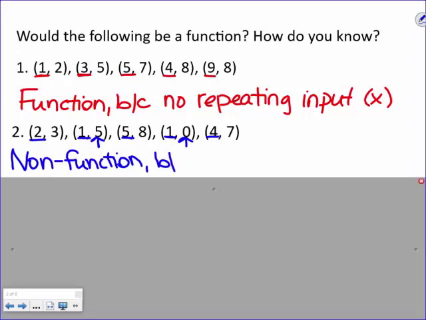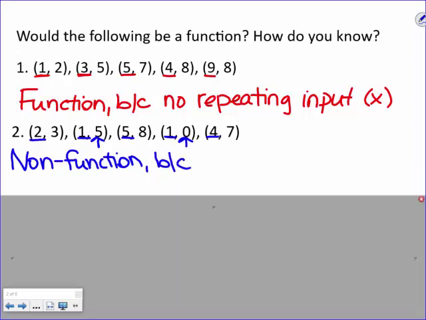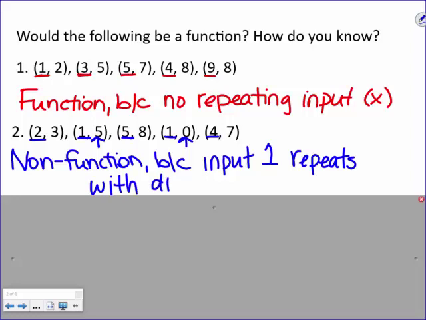And how do we know it's a non-function? Because there's repeating inputs without the same output. Okay, so I'm going to say because input 1, like I'm listing the number that repeats, input 1 repeats with different outputs.